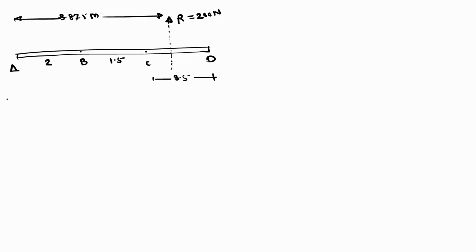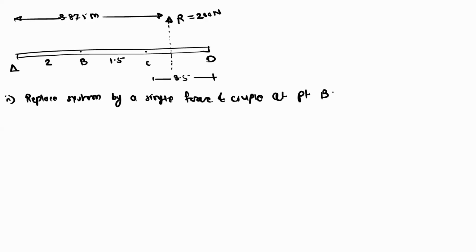So now the second question is, we have to replace the system by a single force and couple at point B. That means we have to shift this resultant to point B without changing the effect of this force on the given beam ABCD.